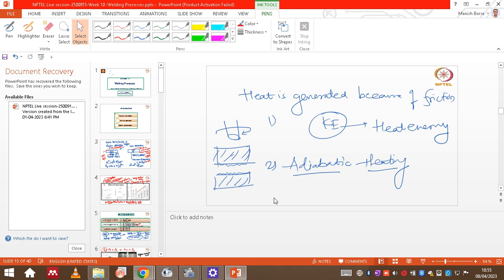Means what, it will flatten out because of breaking of the bonds, right? As material is deforming at the interfaces, the bonds will break, right? And because of that, the bond energy will convert into heat energy. So that is nothing but adiabatic heating.